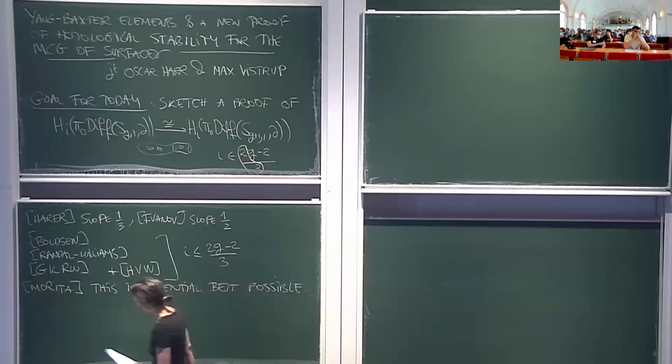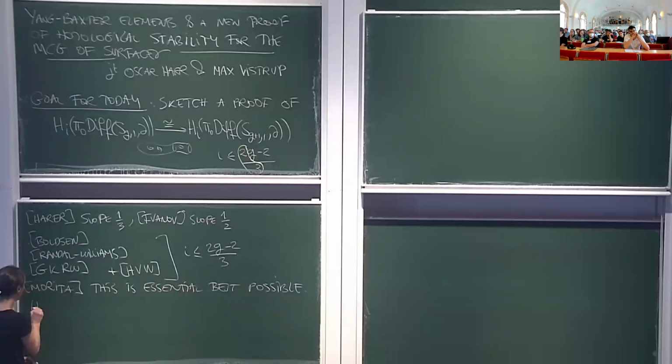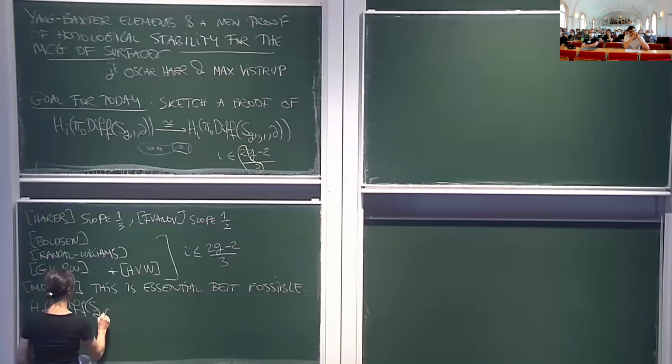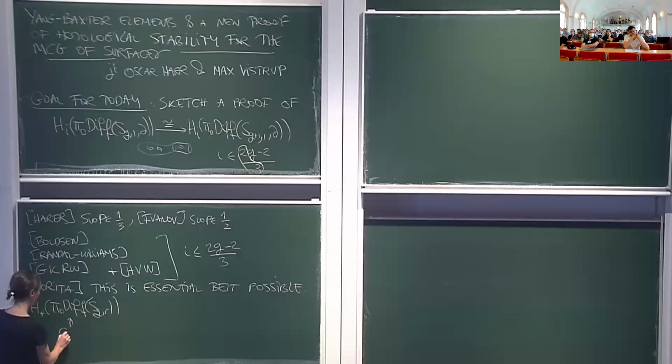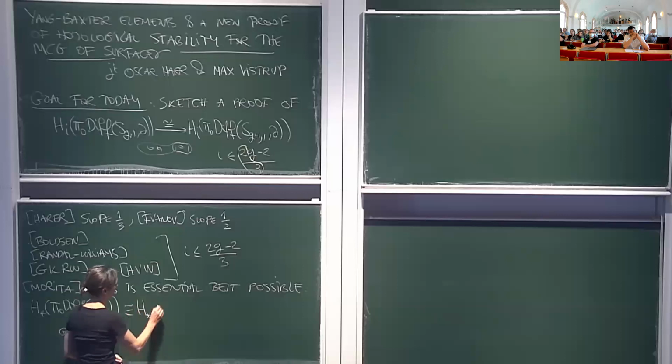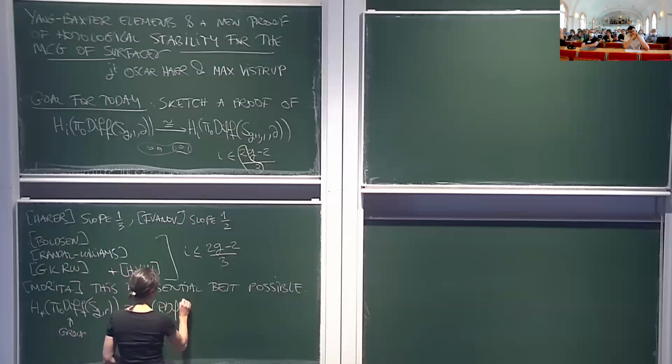Anyway, why do so many people care about this particular fact? Well, we saw this morning the homology of the mapping class group of a surface. So this is the group homology. It's isomorphic to the homology of BDiff, the classifying space of the diffeomorphism group of surfaces.